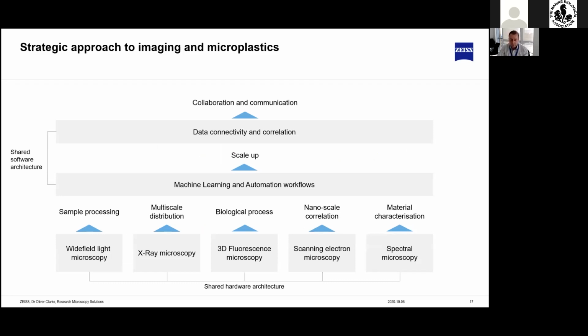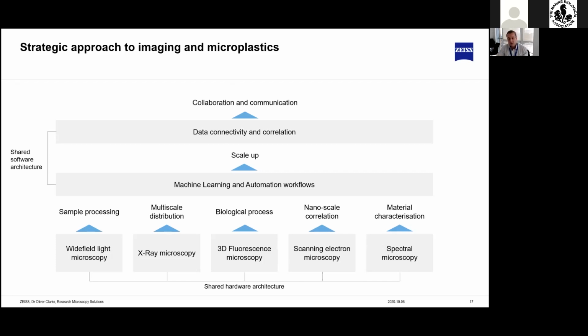point of view, whereby along the bottom you have the hardware architecture. Zeiss is in a nice position because we have these technologies all on very similar hardware. So the integration of the hardware isn't fighting against you. We have it all on similar platforms. So sample processing for widefield, X-ray microscopy is very good at multi-scale distribution. 3D biological processes are really the remit of the 3D fluorescence microscopes if you're looking at those fast systems, soft imaging, live organisms.